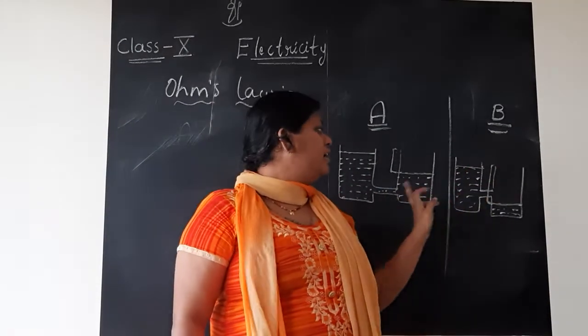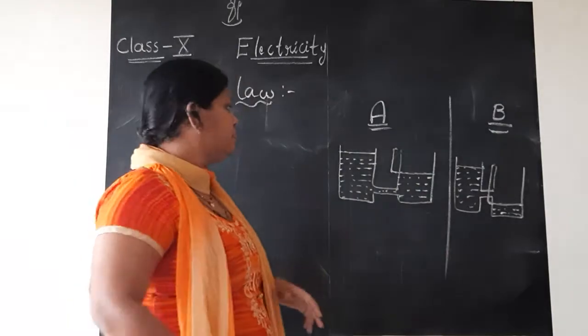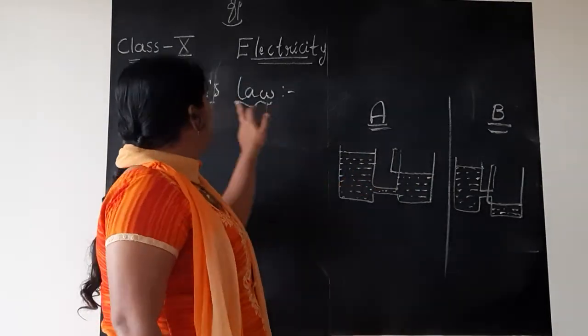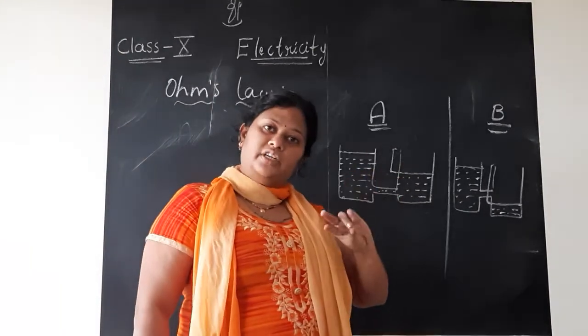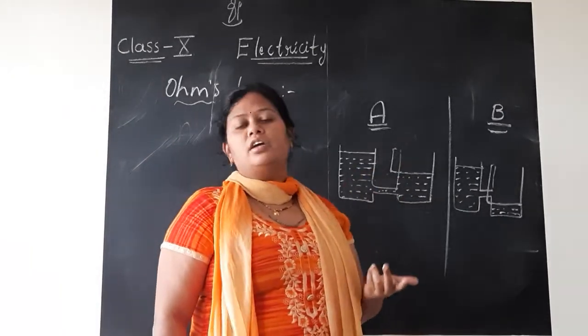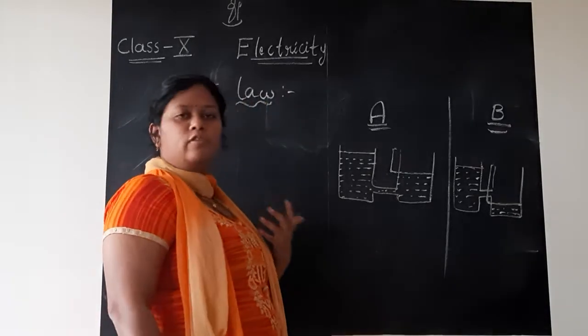Why I am explaining this example is that we can relate it to Ohm's law. We studied that whenever there is a potential difference, only then can the current flow in the circuit or in the wire.